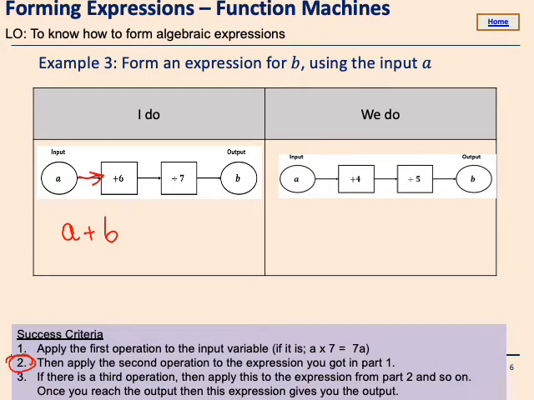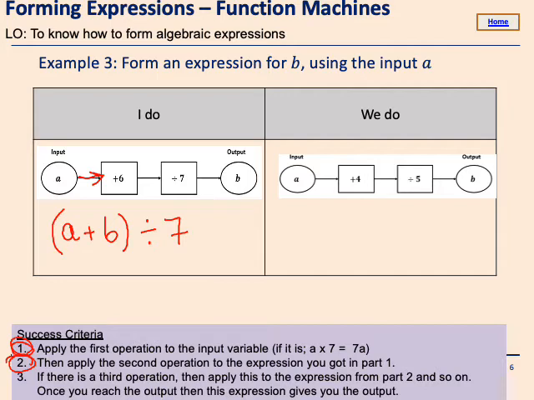Then we apply the second operation to the expression we got in part 1. So this is what we mean by part 1, the first piece of the success criteria. So the expression that we got from our first operation is this A plus 6. We then want to divide all of that by 7, because we're not just applying the divide by 7 to A anymore.